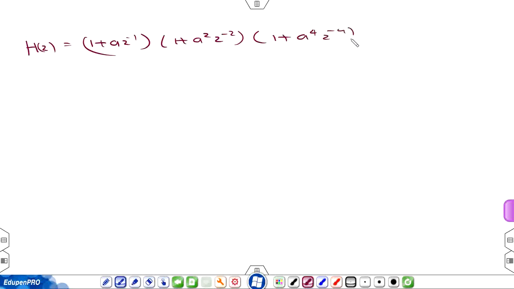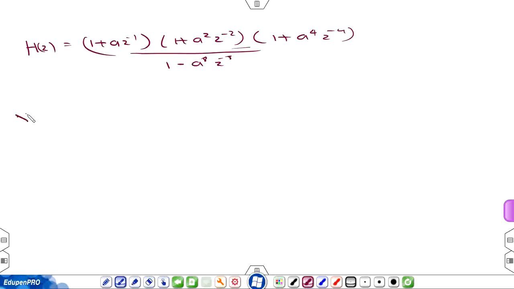Now I'm talking about its decomposed transfer function. H(z) is equal to 1 plus a z minus 1, 1 plus a square z minus 2, and 1 plus a raised to power 4 z raised to minus 4, divided by 1 minus a raised to power 8 z raised to minus 8. So this is part 1.